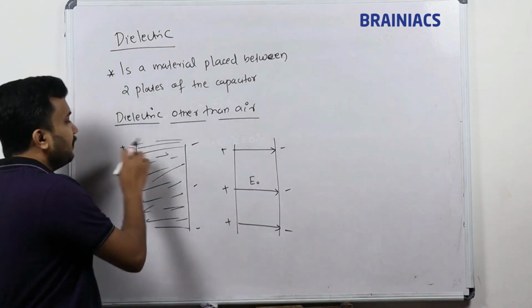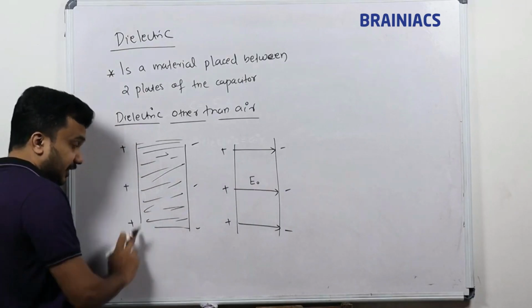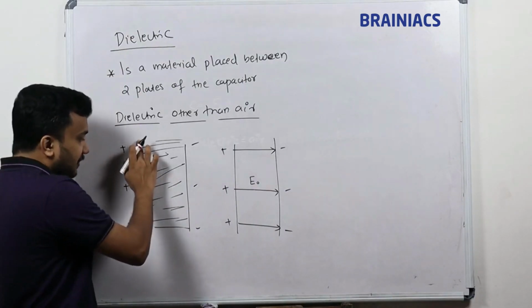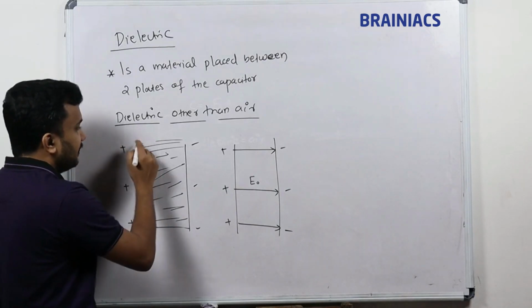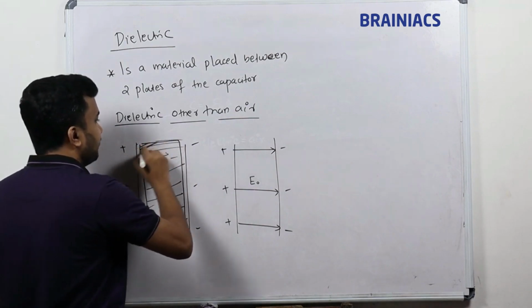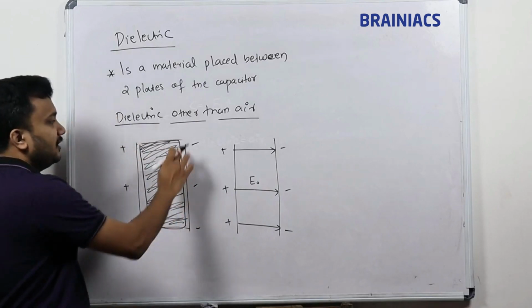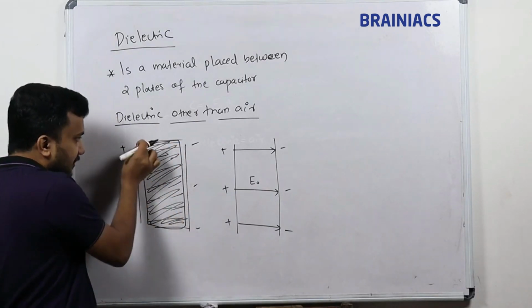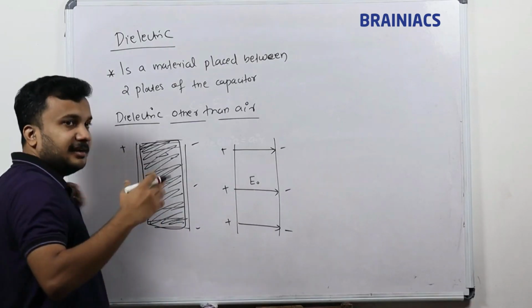Whenever a positive voltage is given here, in the vicinity of the dielectric, suppose you assume our dielectric is placed like this, for example. This is my dielectric. If you place it like this, in the vicinity, in this border of the dielectric, an induced charge appears.